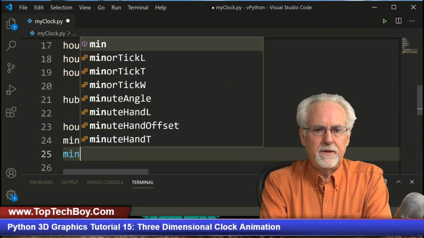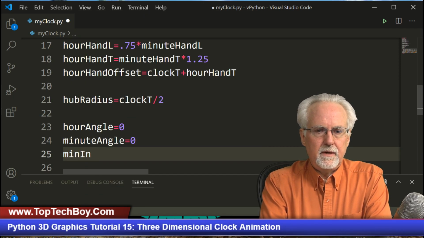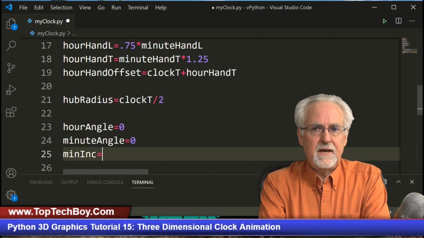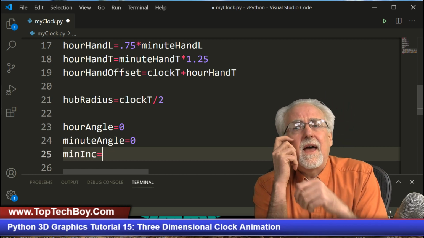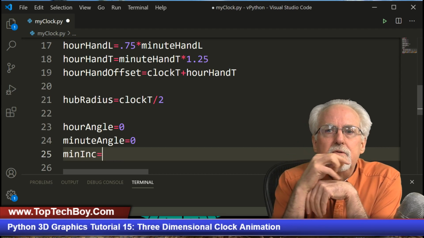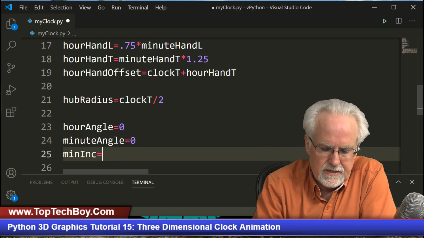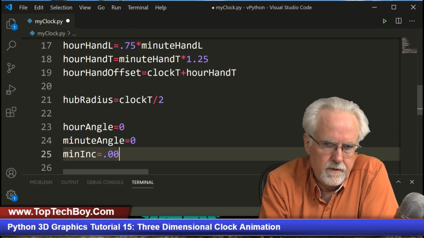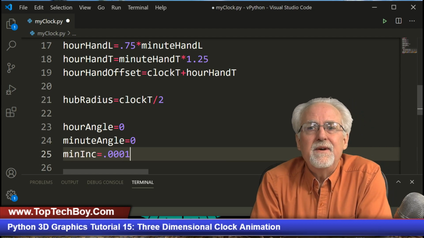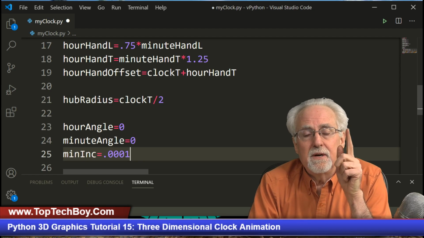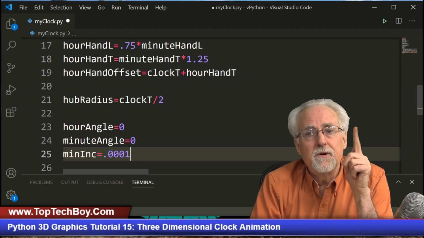And then I'm going to need the minute increment, and let's just say that that is how far we want it to move every time. Let's just say 0.0001, and again, how fast it moves is going to be a combination of your increment.